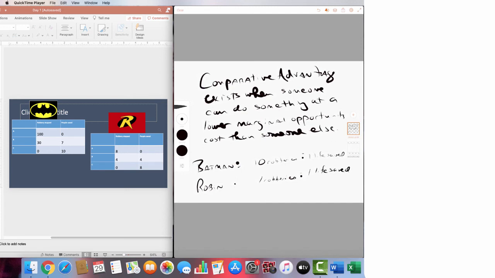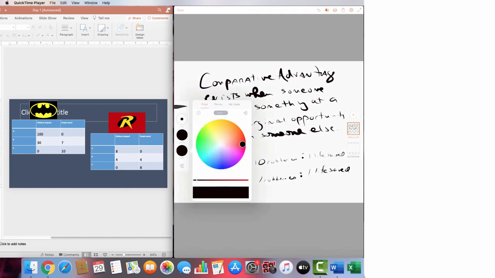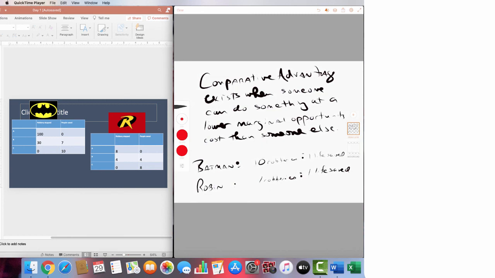So if we look at these 2 numbers, we can see that Robin actually can do one of these things more cheaply than Batman. Look, they're both saving lives, one life, but look who does it more cheaply. Robin only has to give up one robbery, whereas Batman has to give up 10.